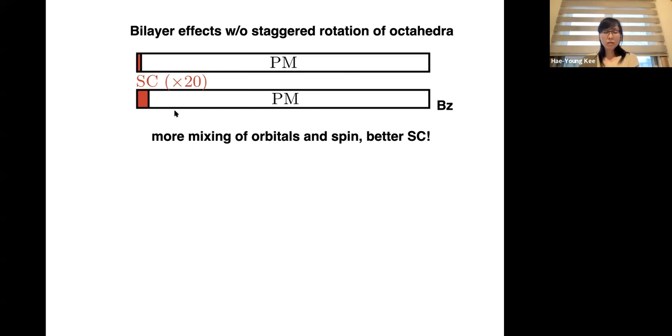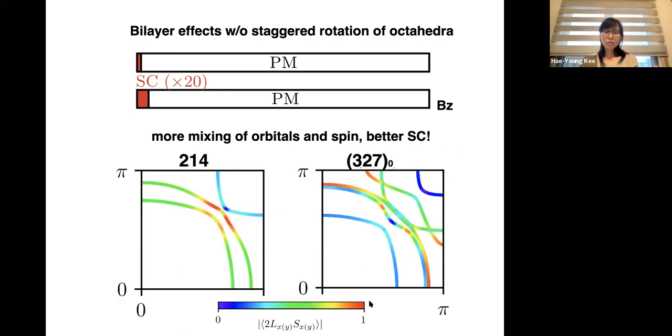And we said, okay, we had better look at how the orbitals and spins are mixed, because when orbitals and spins are mixed through the spin-orbit coupling, that's the reason why the superconductivity can be enhanced, working together with the Hund's coupling. And our Hund's coupling is completely fixed in this series of materials. Then we could have better superconductors. So we look at how this mixing occurs.